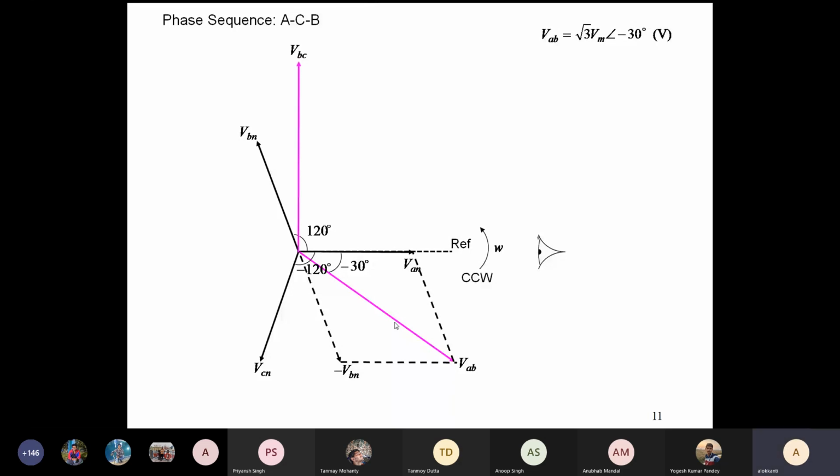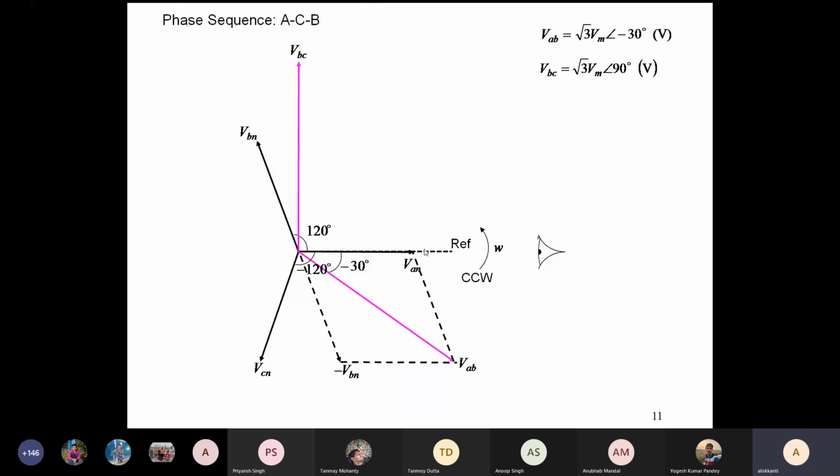Similarly, you can find out VBC, which is VB and VC reversed, so you will get VC reversed here, and VBC here, which is at an angle of 90 degrees. Similarly, you can find out VCA. So VCA will be VC and VA reversed.